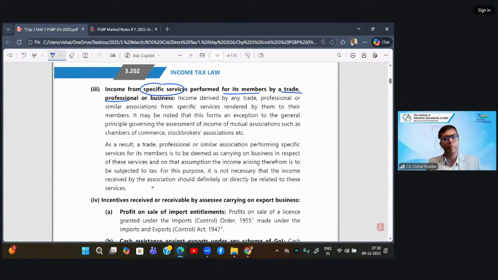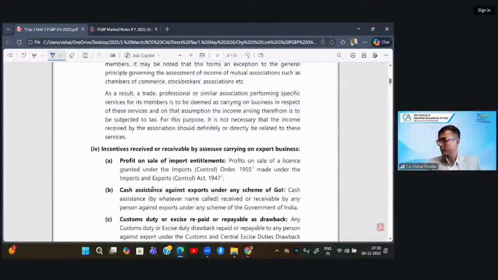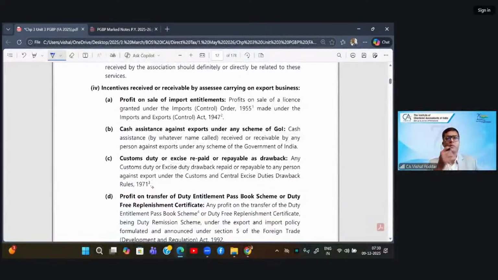If you are earning income, unless it is made specifically exempt, you have to pay tax. Now, if this income is not made exempt and tax is payable, then the question will come which head. So they have clarified we will tax it under the head business only. So this section 28 makes a specific requirement as to what would be taxed under this head.